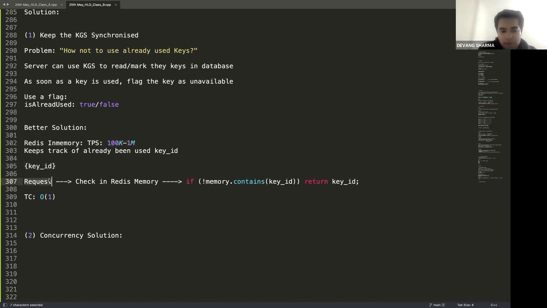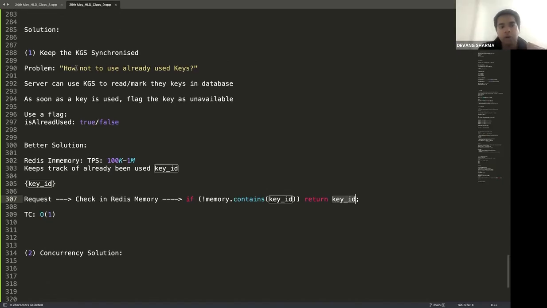Next time a request comes, it will check in the memory whether that key ID is present or not. If that key ID is not present, that is when you return that key ID. That's it. That will make sure you are not giving already used keys to any other request. This is also a fine approach. No difference.